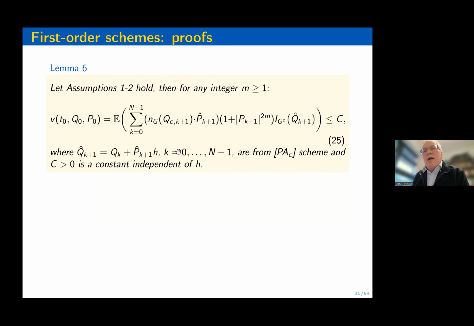So what I have here is the average number of steps which went out of the domain, where this reflection step was required. And it turns out that this average number of steps is bounded by a constant which doesn't depend on the time step. And thanks to this fact, when we are summing, we are just getting some constant out of that, but the order stays as order 1.